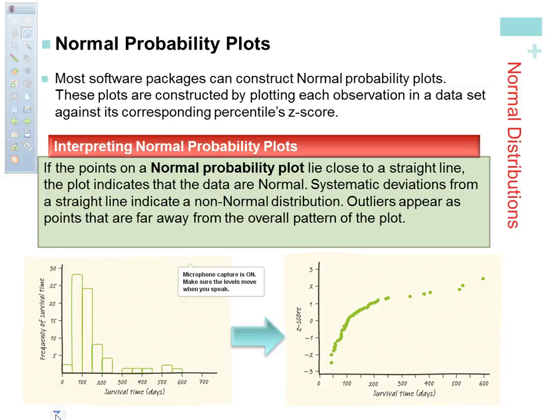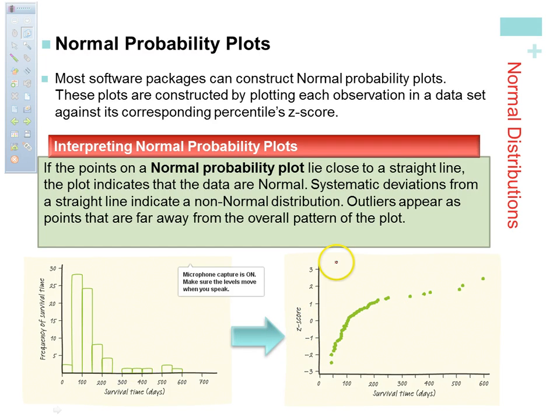So there's the survival times, the number of guinea pigs that survived at different day lengths on the left. And then from that histogram, we would have the actual data. And so we would let the probability plot show us if this data can be normal or not. Now, obviously, the histogram shows us this is not going to be a normal distribution.